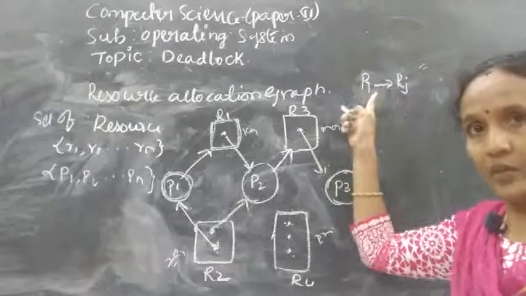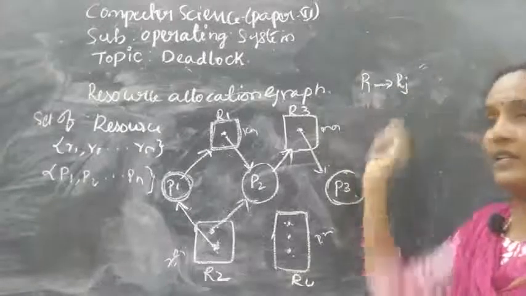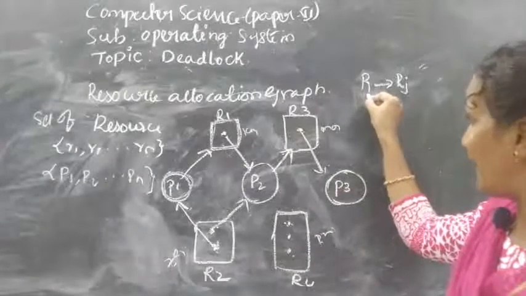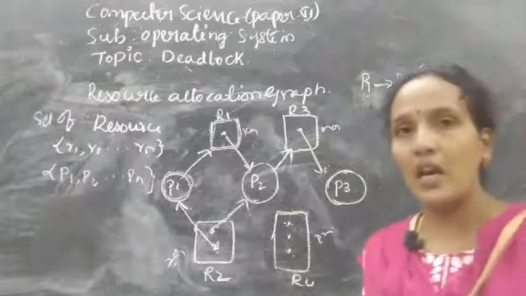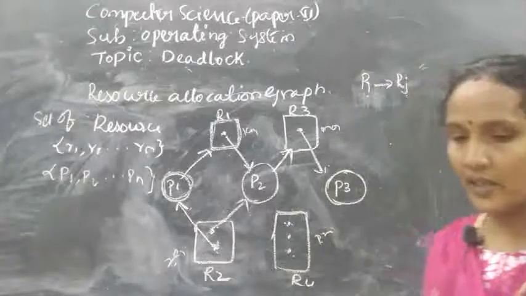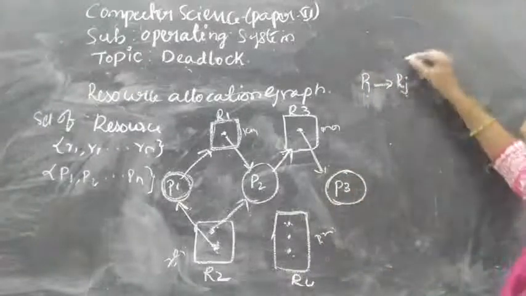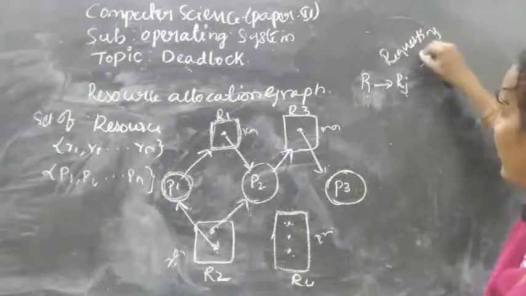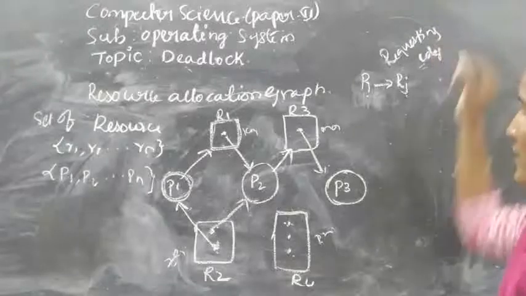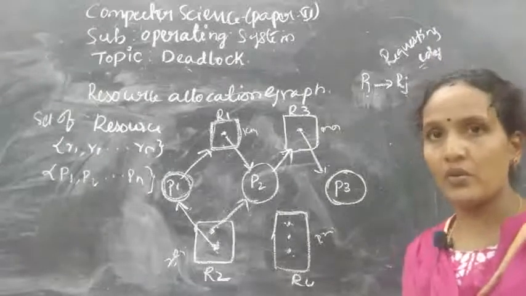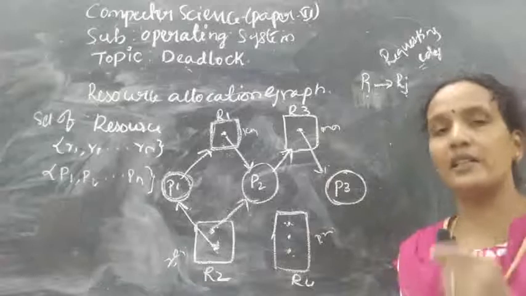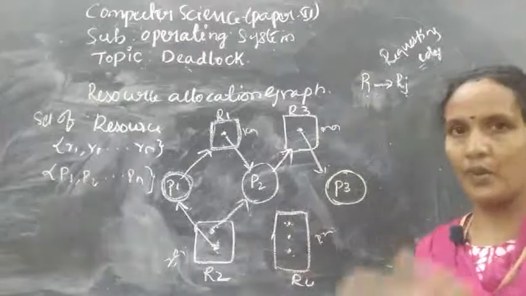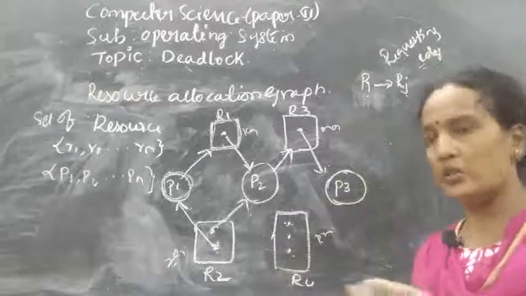Here Pi is the process and Rj is the resource. So the process Pi is requesting Rj. This is called a requesting edge. If any process is requesting any resource, then there is a directed edge from the process name to the resource.